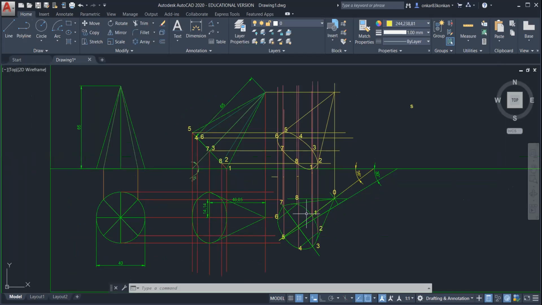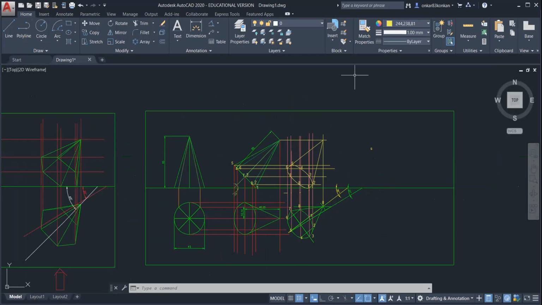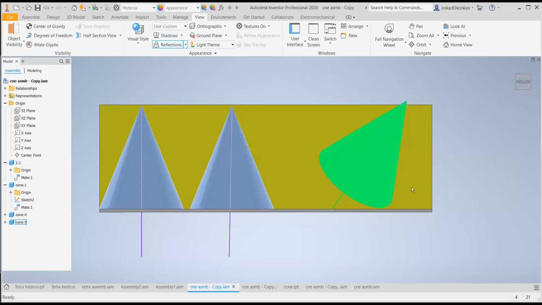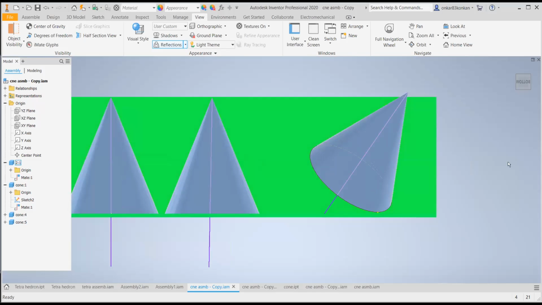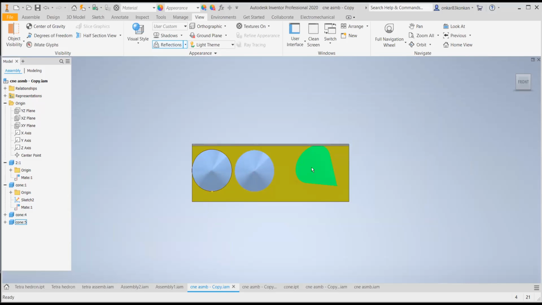If you rotate this apex in the clockwise direction, so that the apex will be nearer to the observer, then some portion of the base will be hidden from the front view. So this is the condition where the apex is nearer to the observer. You can observe here in the top direction.